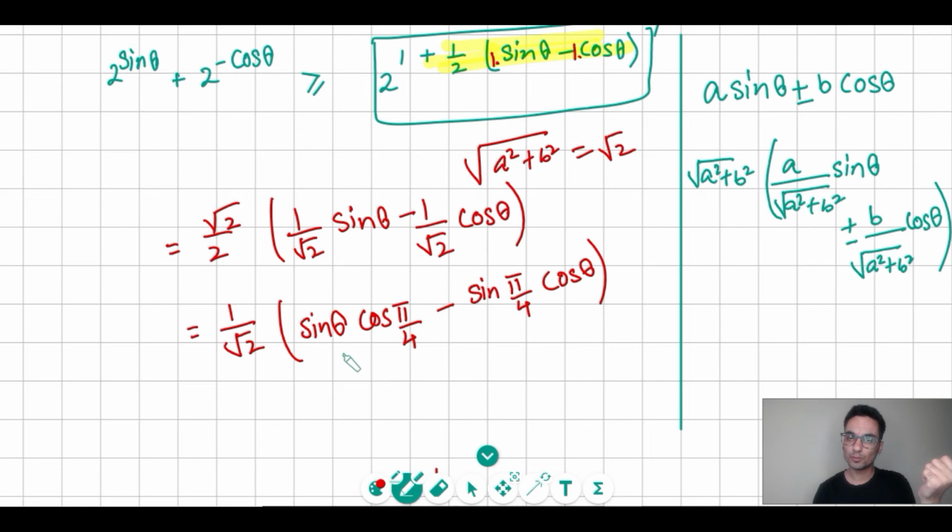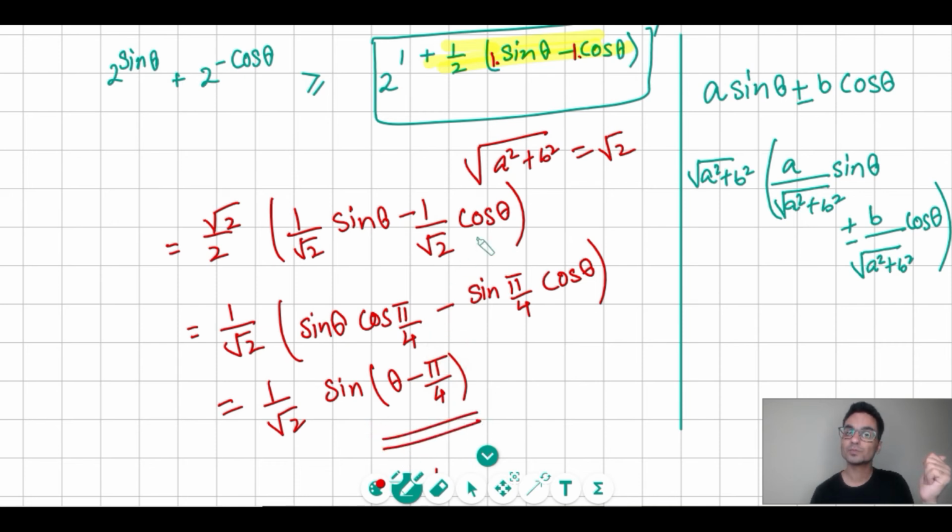And that's your formula for sine a minus b. That means I can write this expression as 1 over square root 2 sine theta minus pi over 4. Okay, so that means we got this expression written in this form, right?